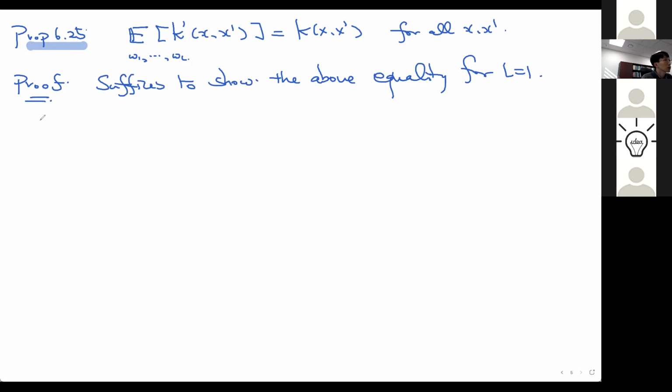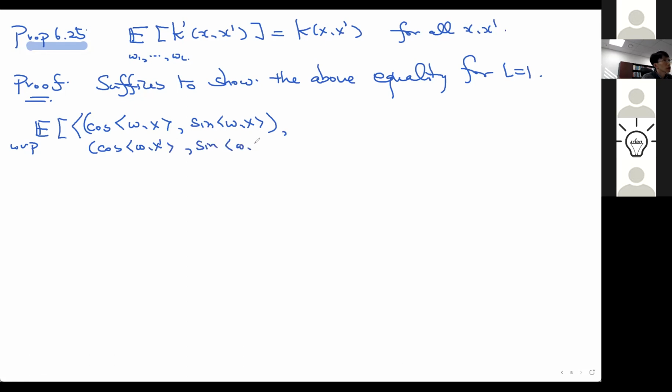So when L is equal to 1, what's going on? We have this term, W drawn from p, and then we have an inner product of cosine of Wx and sine of Wx, and the inner product of cosine of Wx prime and sine of Wx prime.